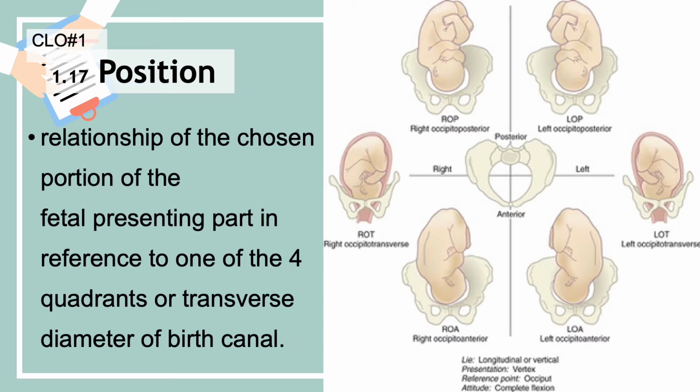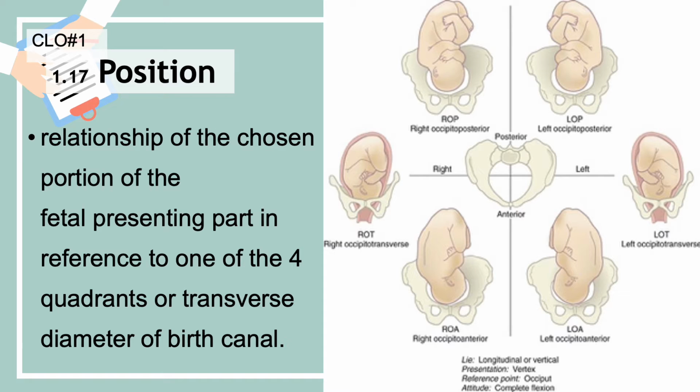Next is position. This is the relationship of the chosen portion of the fetal presenting part in reference to one of the 4 quadrants or transverse diameter of the birth canal. So let us direct our eyes to the picture. For the right side, we have right occipito-posterior, right occipito-transverse, and right occipito-anterior.